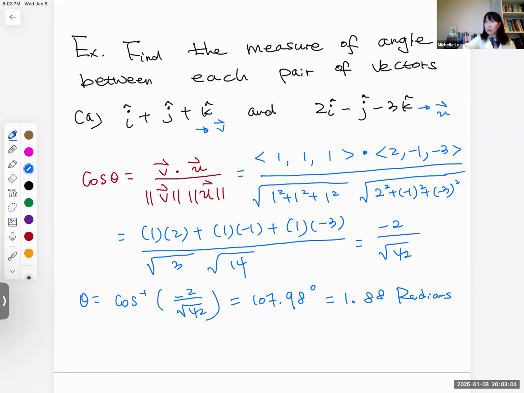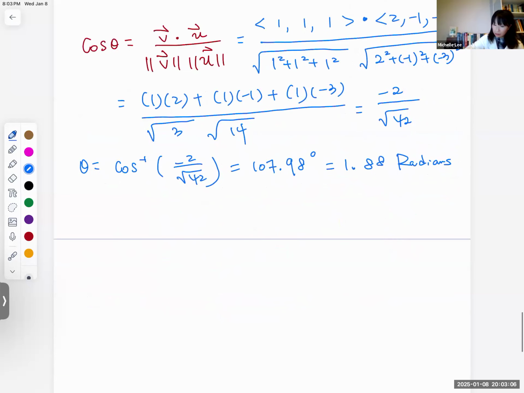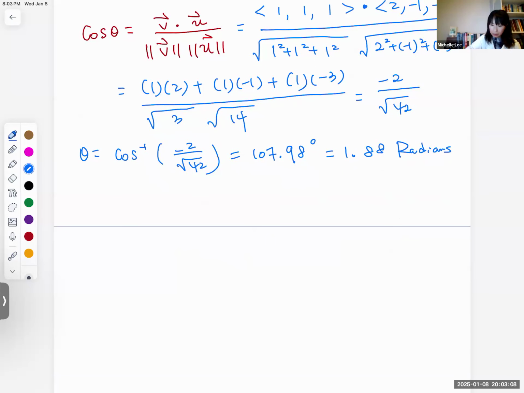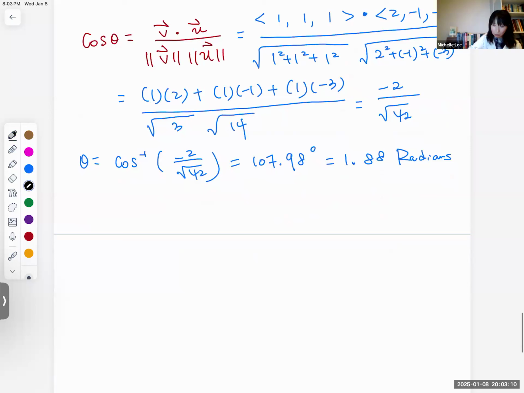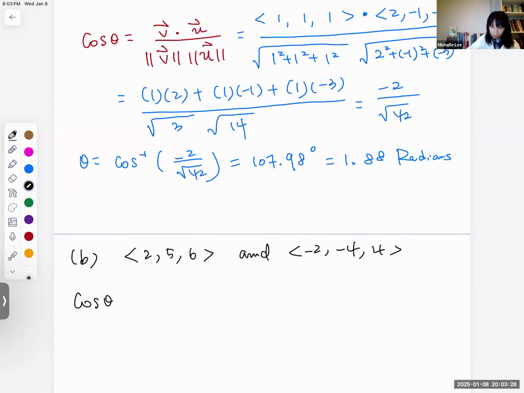All right. Let's do this one. Second. So we have 2, 5, 6, and negative 2, negative 4, 4. Cosine theta. Just copy.